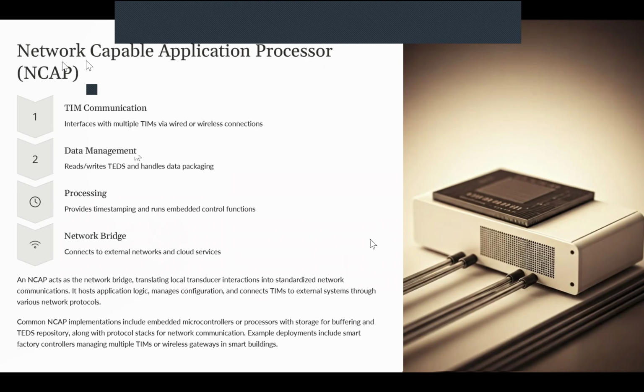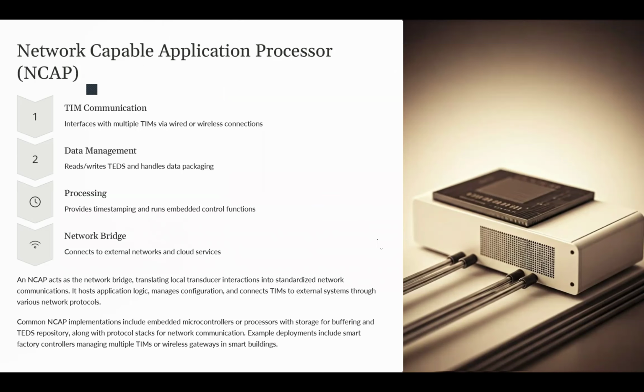Now, we talked about and introduced the NCAP, which is a network capable application processor, which is basically an intelligent gateway. So the NCAP communicates with one or several multiple teams. The communication could be wired or wireless, so it doesn't matter what type of communication we have between the NCAP and teams.